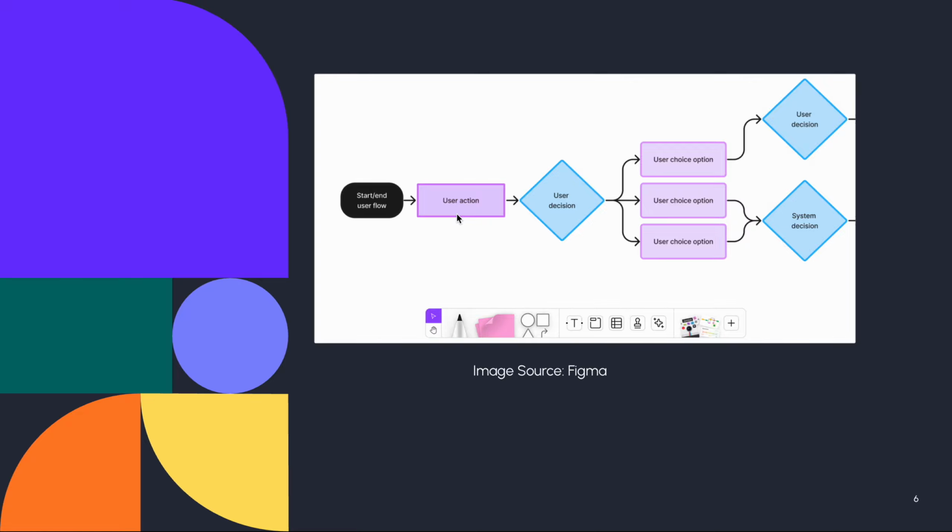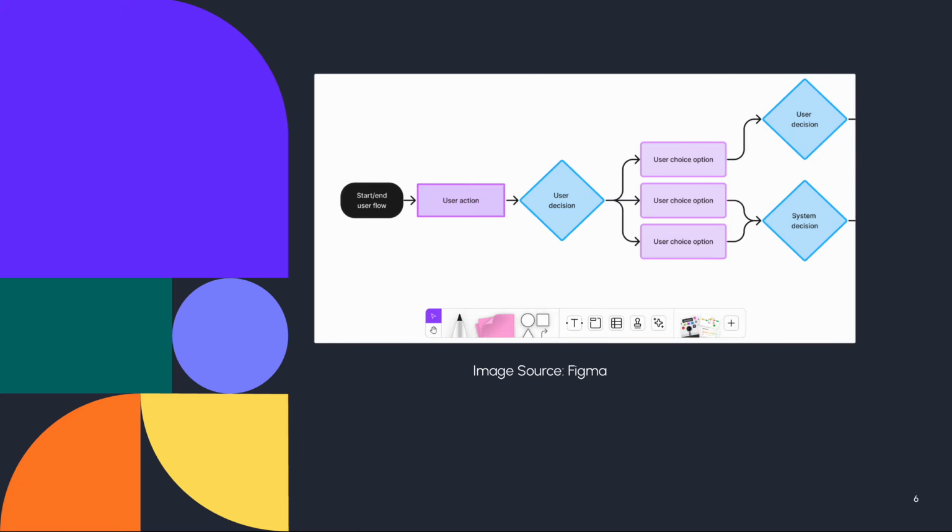And then we have the user action. This is what the user does, for example, clicks on something, selects something, and all of that, right? Then user decision. A user decision is basically when a user is given more than one choice. For example, when a user is filling a form, what gender are you? Or I want to log in, for instance, and I'm able to select if I have an account already or if I don't.